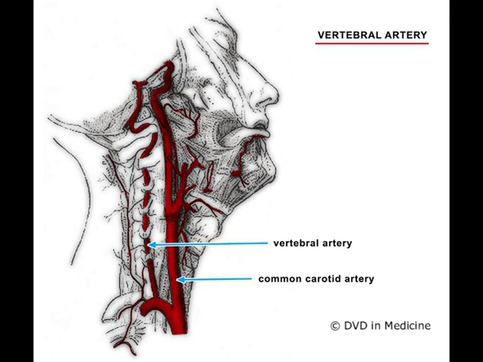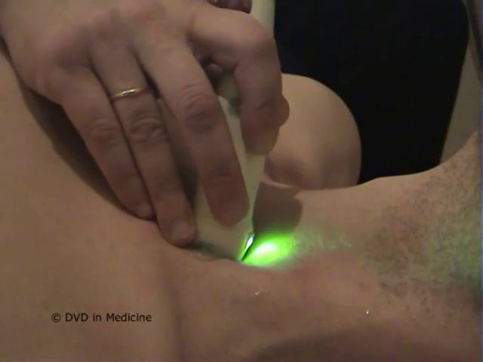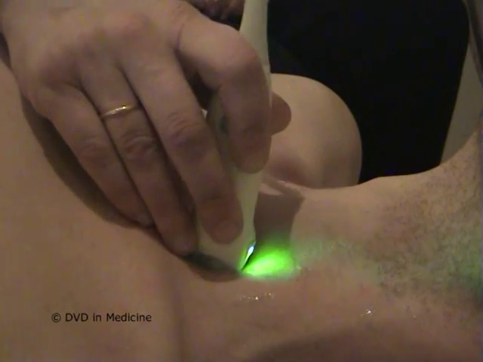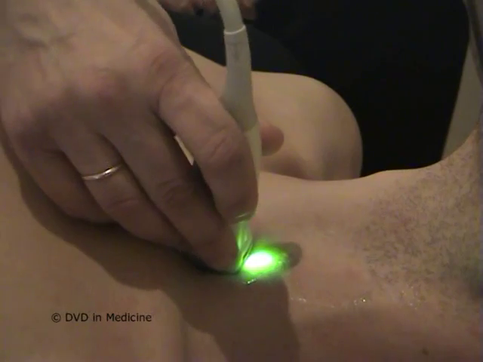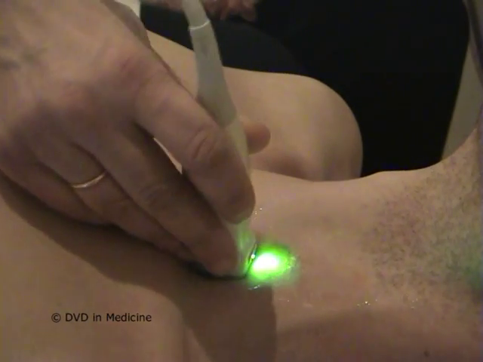Next, one should visualize the extracranial part of the vertebral artery and pay particular attention to its proximal part before it enters the vertebral canal, since this part of the artery cannot usually be visualized with the linear transducer.